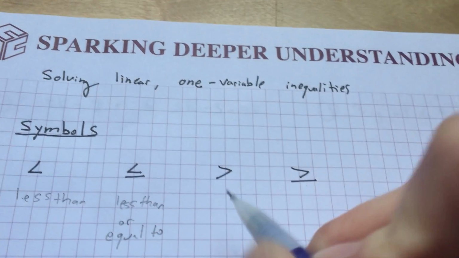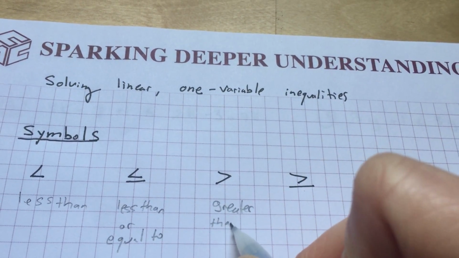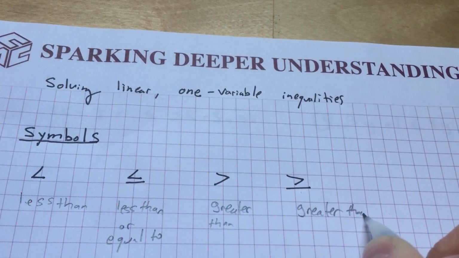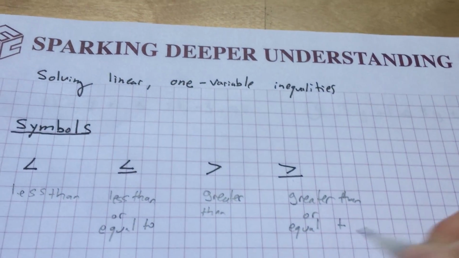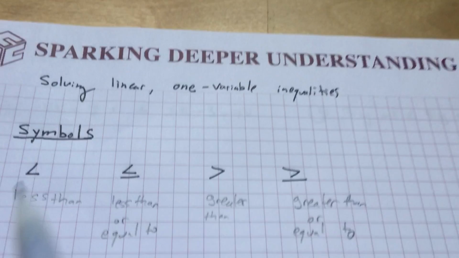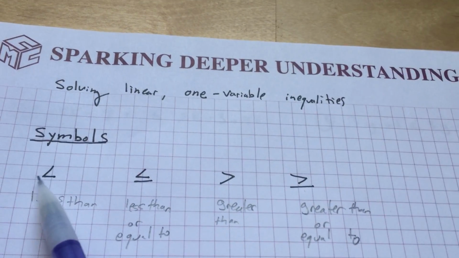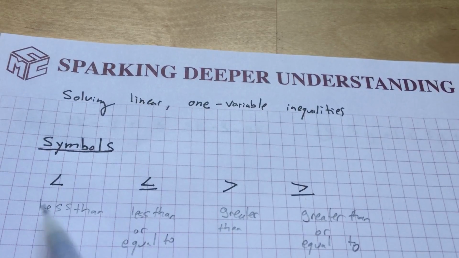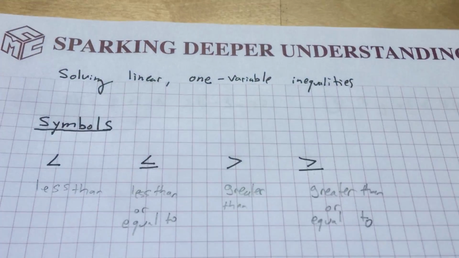This one would be greater than, and this one is greater than or equal to. The best way to remember the difference between them is for less than, if you think about your symbol, it kind of looks like an L. So the L represents the less than symbol.